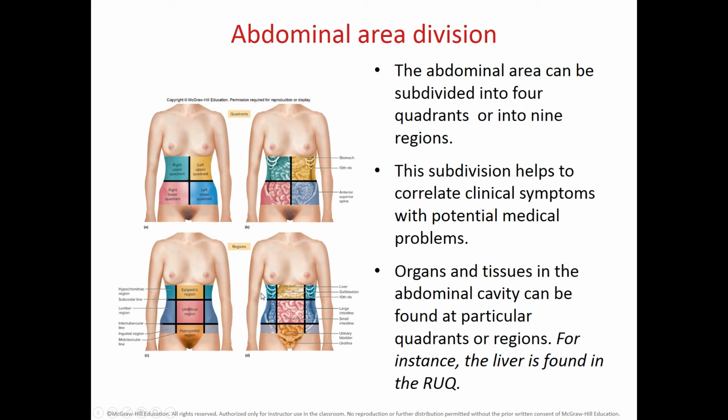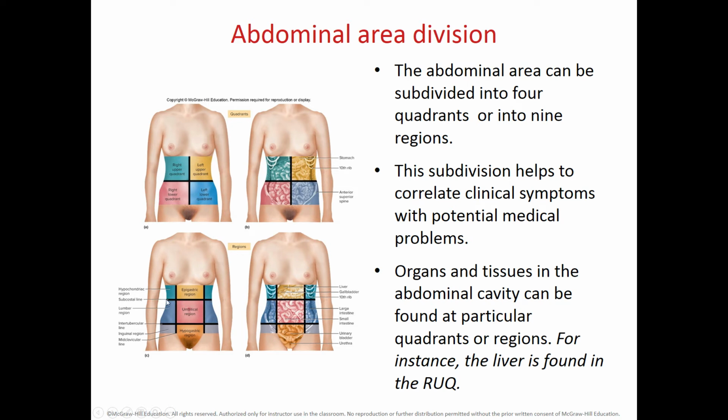Now you can make more subdivisions of the abdominal area into 9 regions. So if you trace a line that goes transversely or horizontally like this one through the anterior superior iliac spine, and then you make another line that goes just at the edge of the ribs, as you can see here.